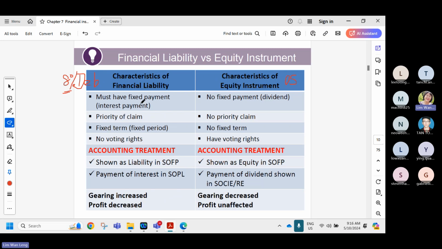Whether or not the company is making profits, they tell you, I don't care, because my debenture carries 8% interest. I must be paid 8% interest yearly until maturity. And of course, this debenture will have a maturity period. Maybe it matures 10 years from now, so it has a fixed period.